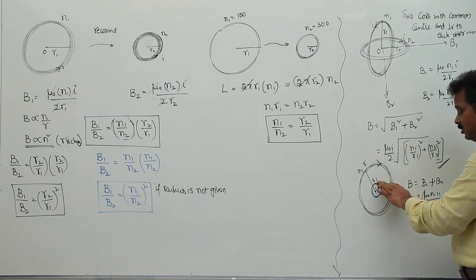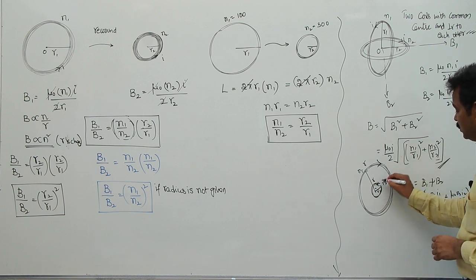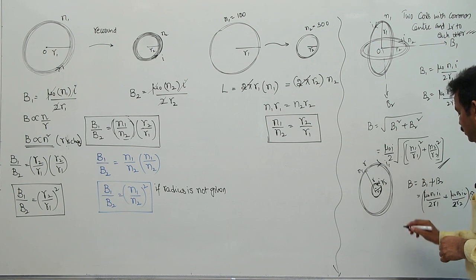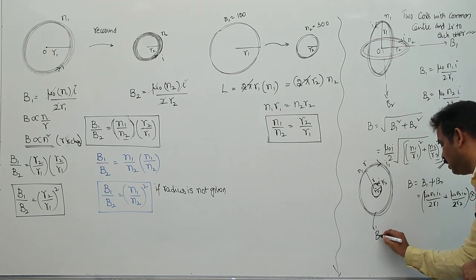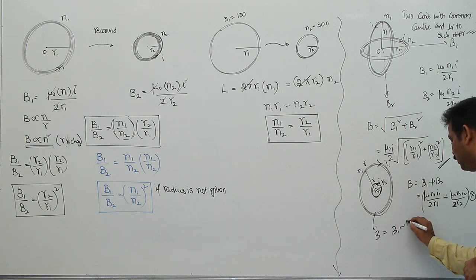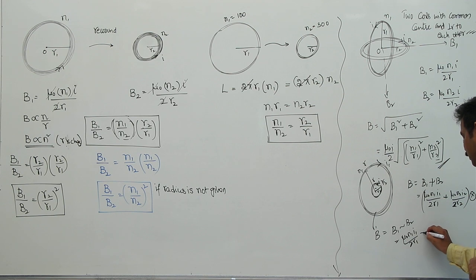If the direction of current changed here, let us say this is I1, this is I2. Then for this, the net magnetic field will be B1 difference B2: mu naught N1 I1 by 2 R1 minus mu naught N2 I2 by 2 R2.